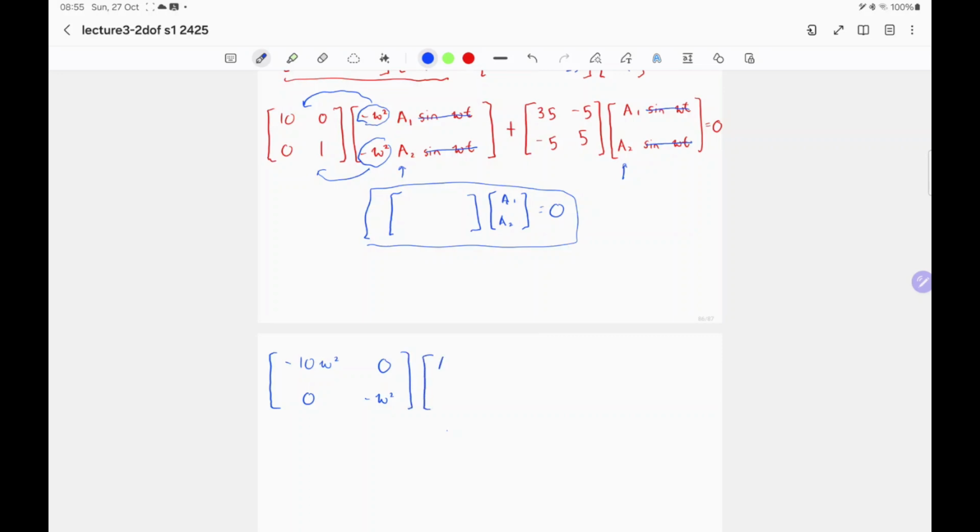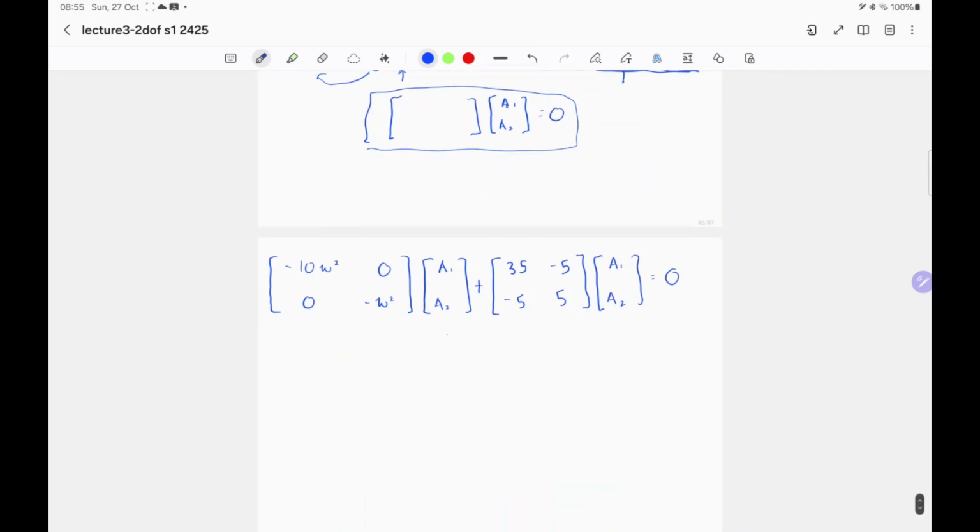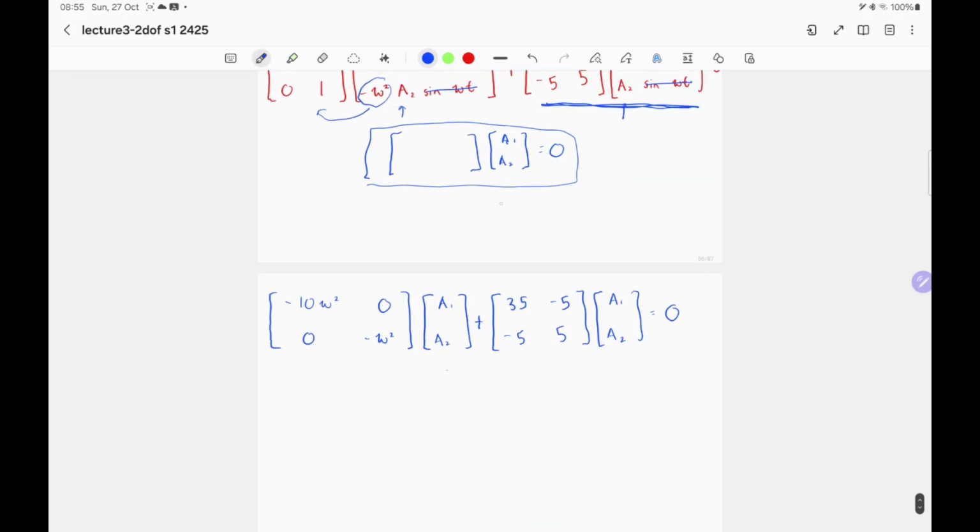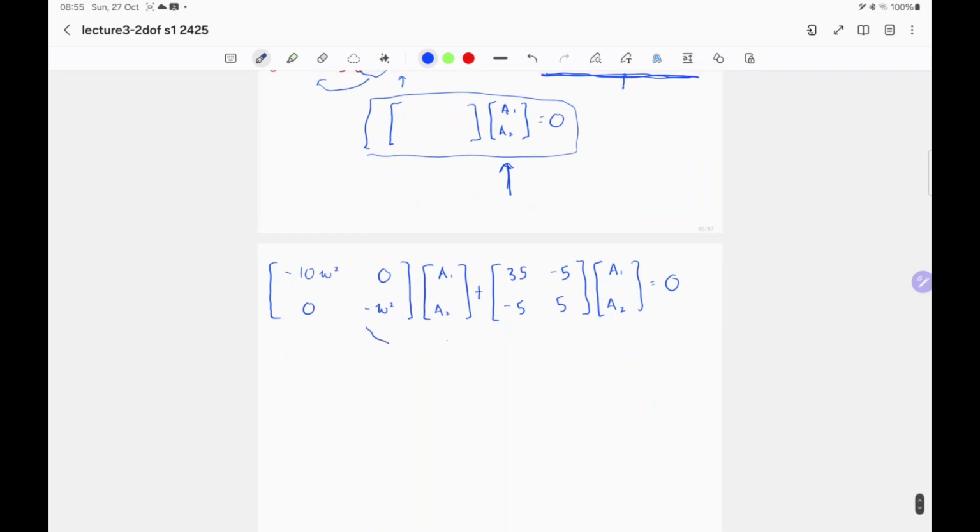This will become A1 and A2 plus, since this one we don't need to change anything, it will remain 35, negative 5, negative 5, 5, A1 and A2, and this equals 0. So remember that I said we want to simplify things to become like this. So we can combine these two together.